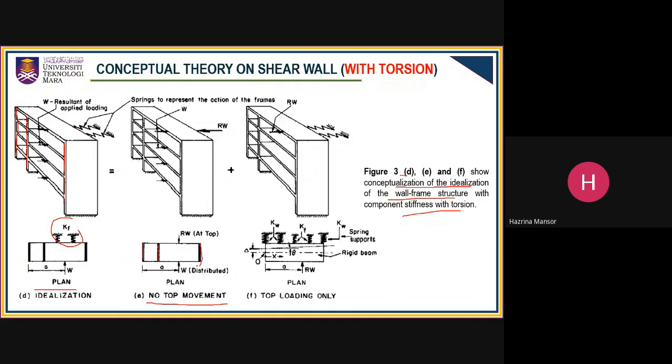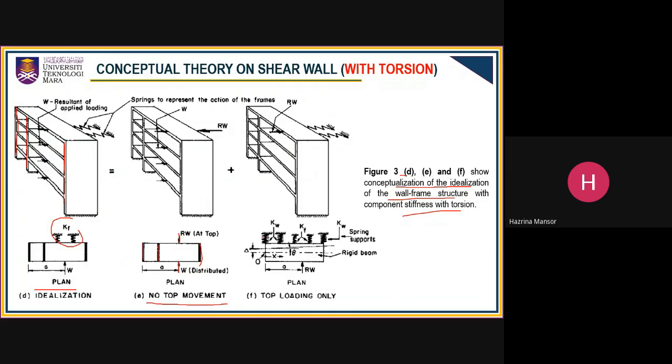The most important thing is that the load distributed to the structure must be in line with Rw. Rw is the resultant of the resisting load, and the resistance of the load should be aligned with W, which is the wind load distributed to the structure system.